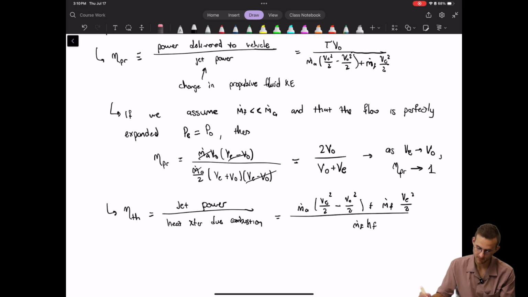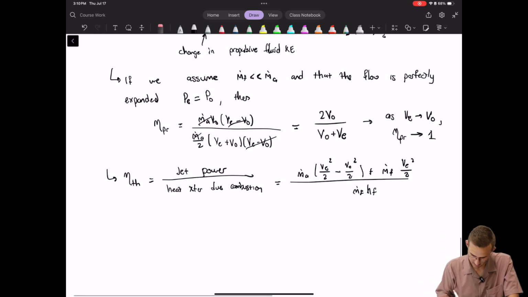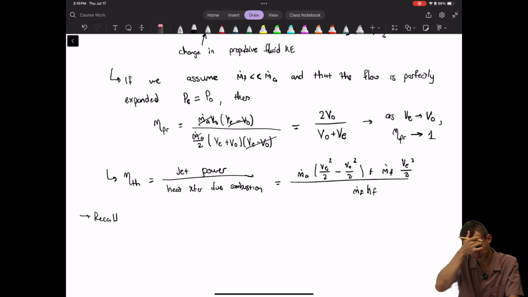Okay, so that's how we define thermal efficiency. Now recall that the expression for the eta thermal of a general thermodynamic cycle is the following.